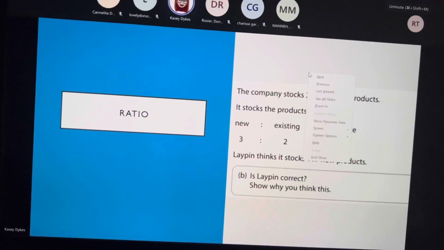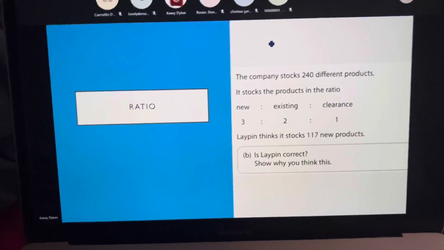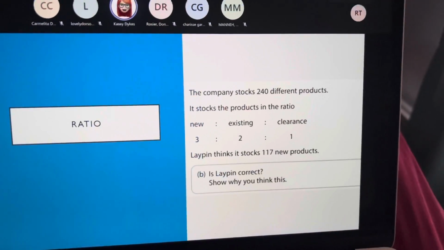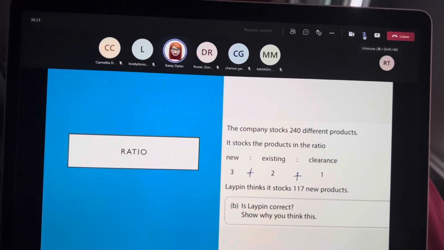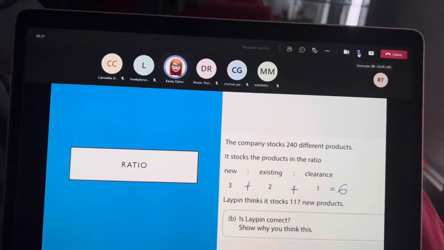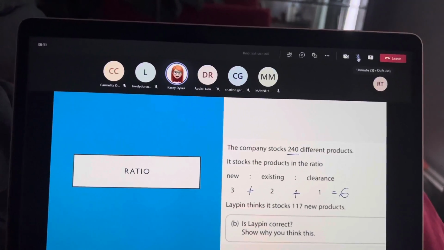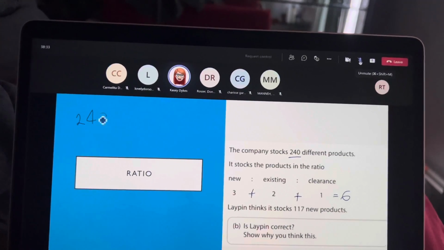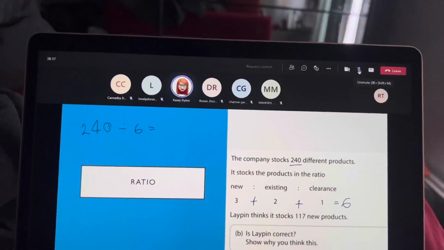So this is a 2-mark question. You've got 2 minutes on this one. Add up the numbers in our ratio first. So 3 plus 2 plus 1 is 6. And we're going to split our total number into 6 parts. So we're doing 240 divided by 6 to get 40.